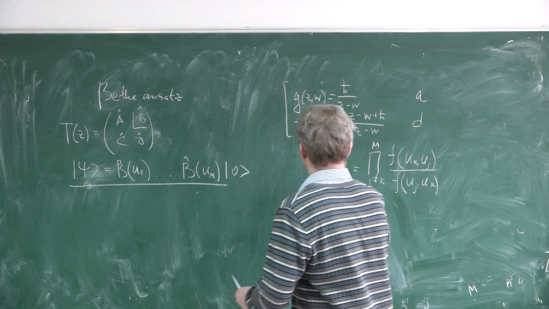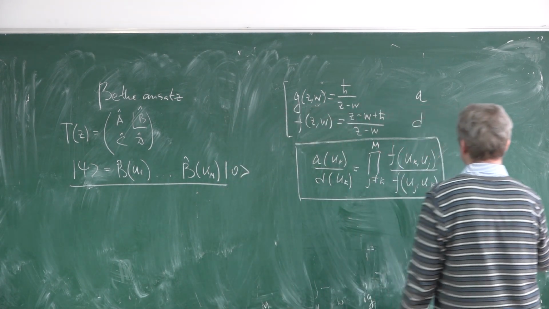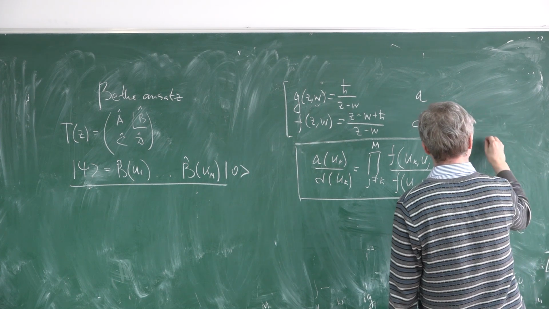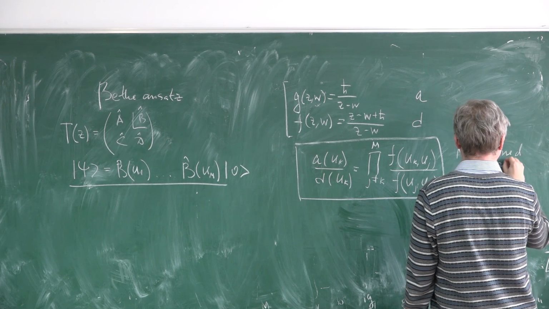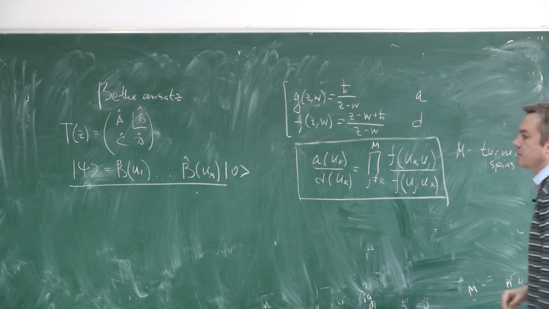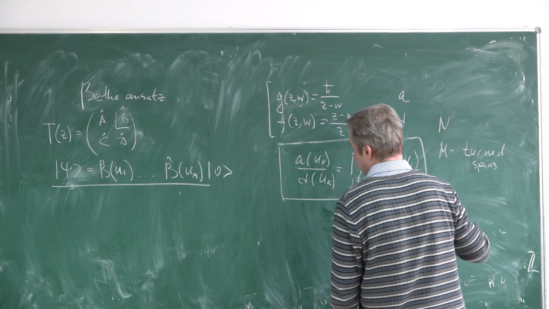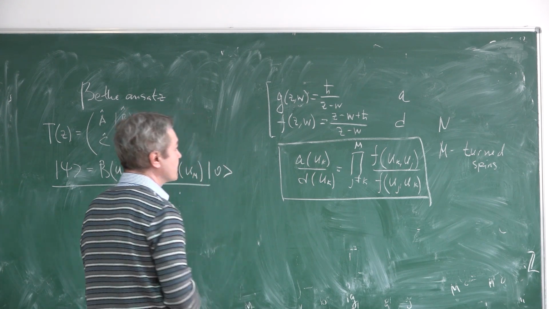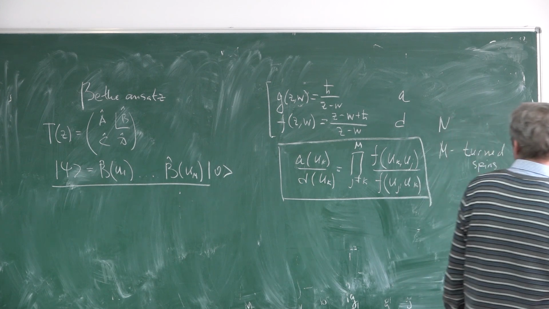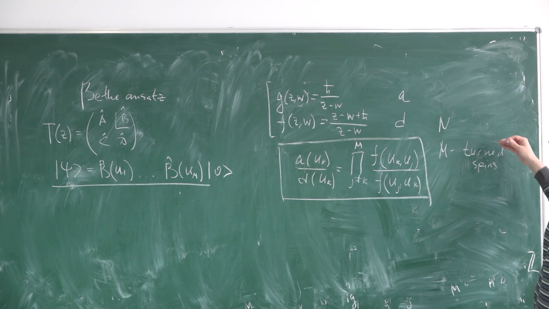And if it is true, and this is a very important formula, and M is a number of turned spins. So we have some set of spins, say n, in our spin chain, and this vacuum vector contains the product of all possible spins up, and we are looking for solution corresponding to a situation when M spins are turned.